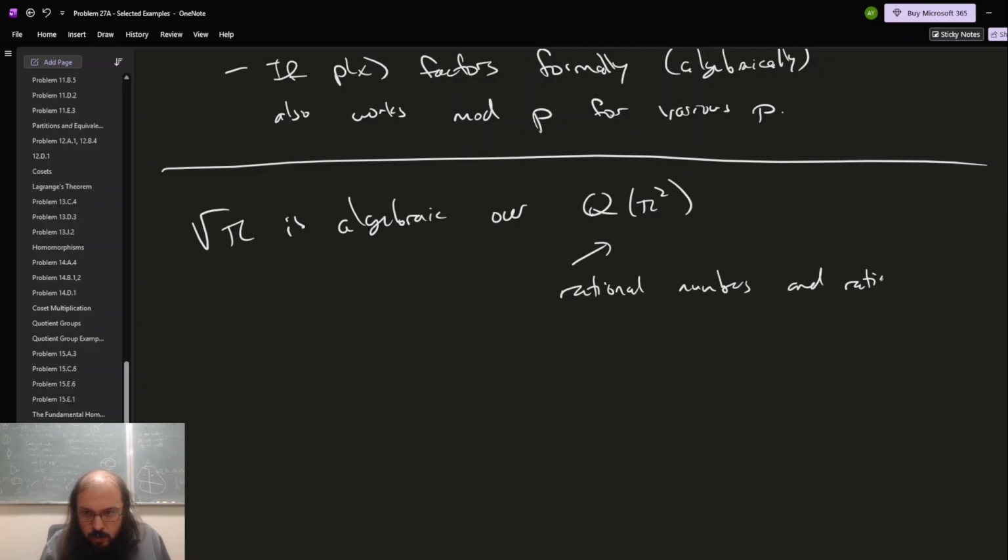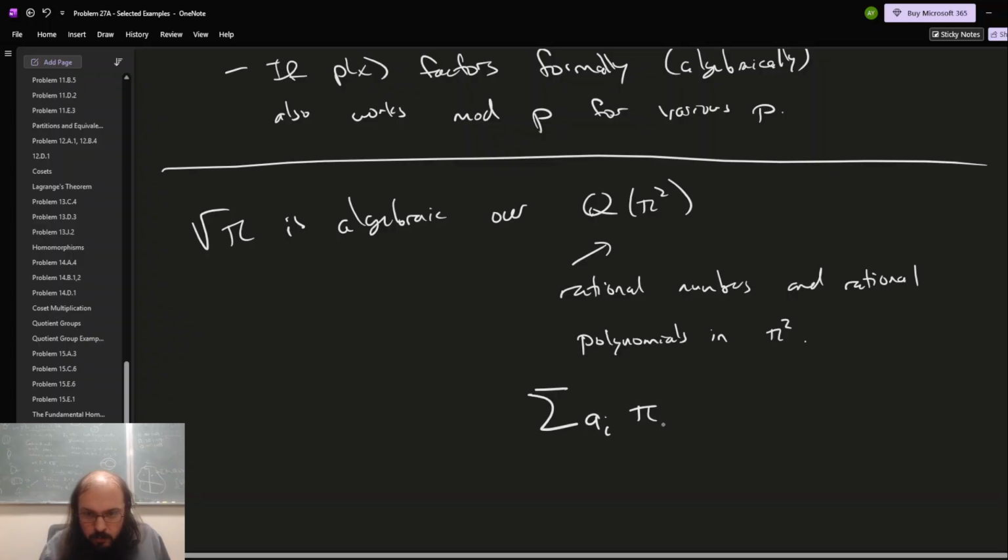and rational polynomials in pi squared. So an element of this object looks something like a finite sum of powers of pi squared, where i ranges from 0 to some capital N. So they can't go forever.